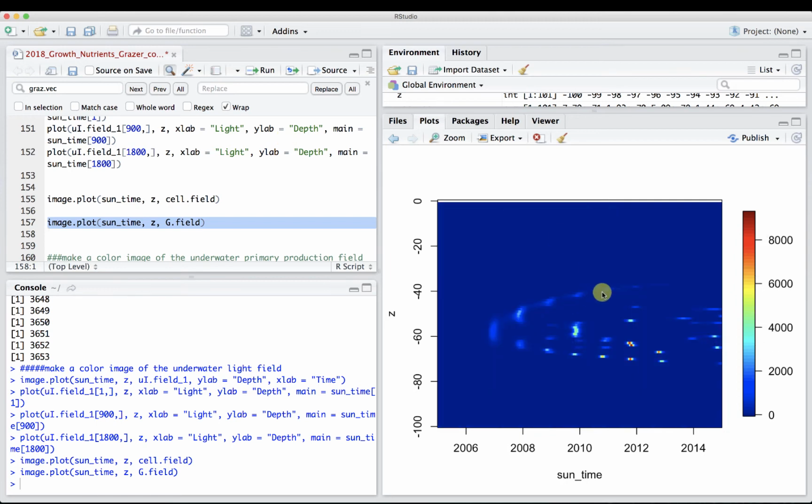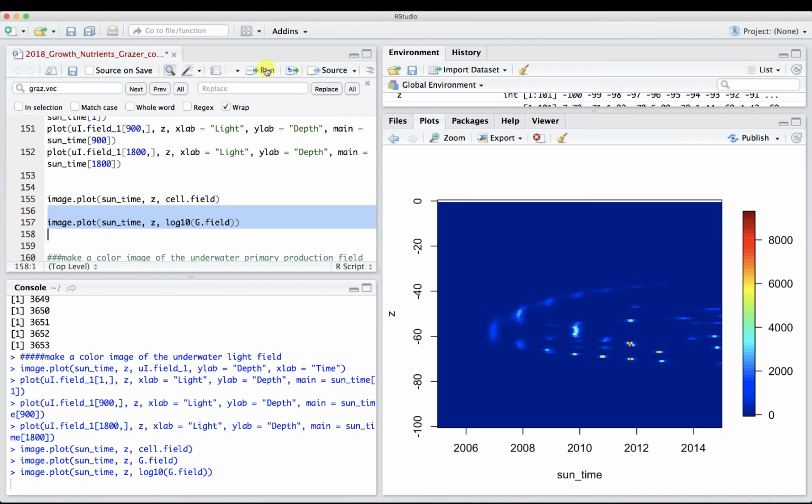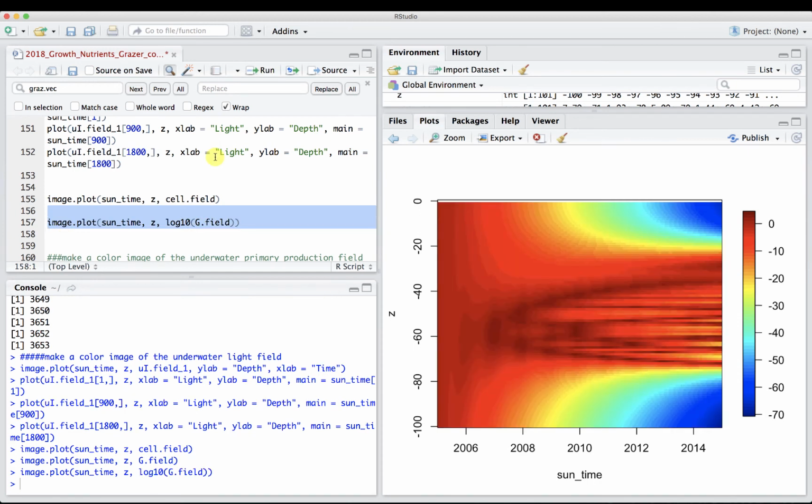Yep, okay, so see the distribution of Grazers is rather odd. In fact, we can get a little better look at them if we put a log 10 in front of this. Yeah, see? Okay, so we're gonna have a little fun with this data.